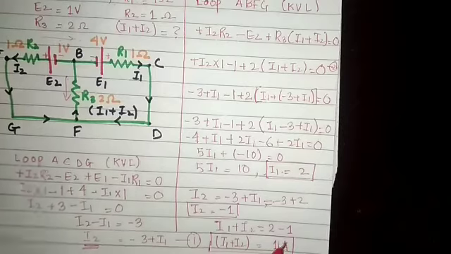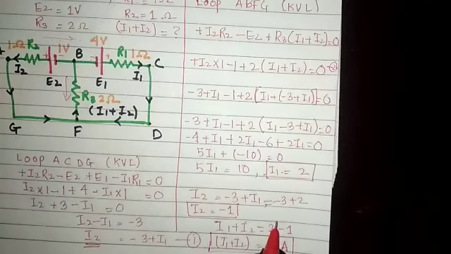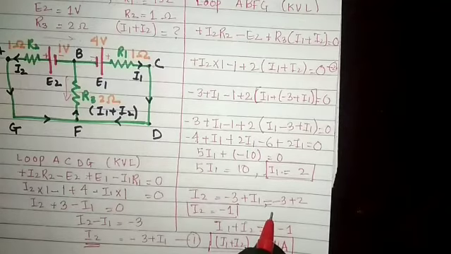See, once you know the sign convention, solving numericals based on Kirchhoff's law will be fun for you. It will be very easy for you if you know the sign convention. So please remember the sign convention. Do practice. If you practice solving numericals, it will be very easy for you.